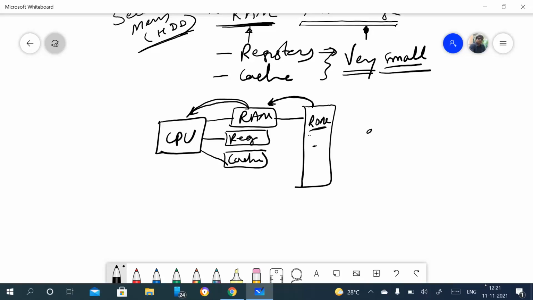Suppose consider an abc.txt file stored here, and we want to open it. When we double click on this abc.txt file, we first bring it into the primary memory, and from there we can open that file.